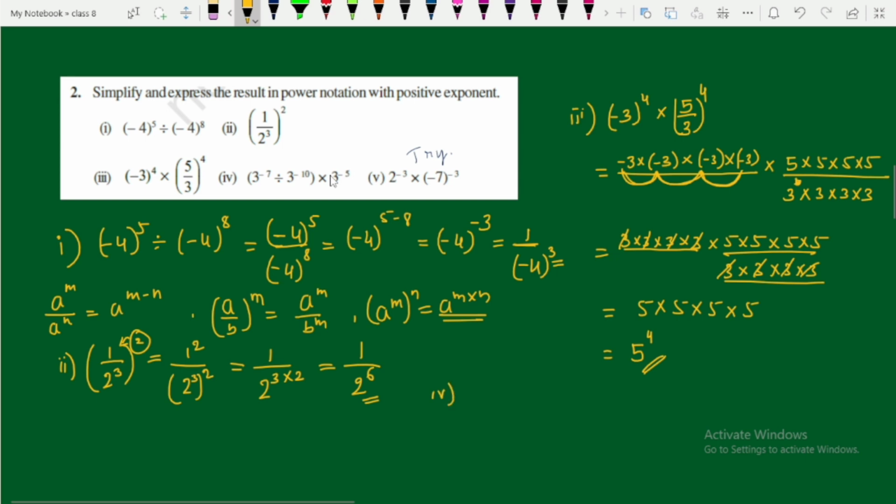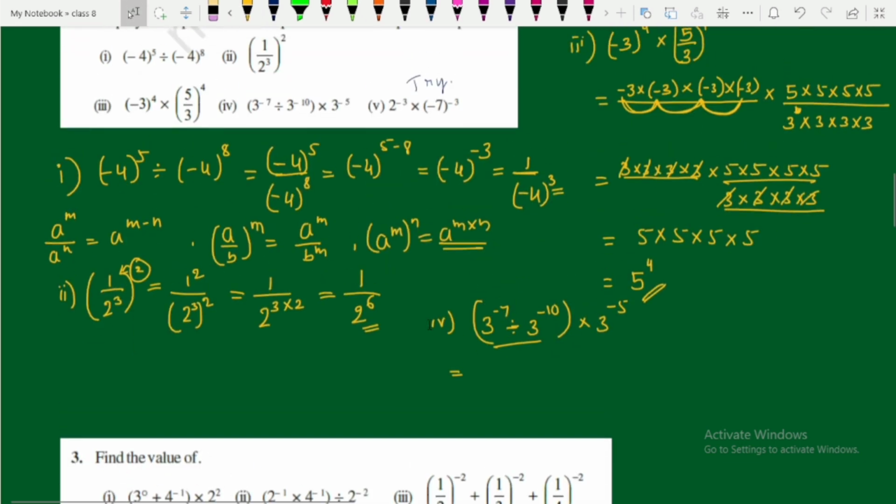We are going to do 3 raised to minus 7 divided by 3 raised to minus 10, whole raised to 4, bracket, into 3 raised to minus 5. First we will solve this bracket, then we will multiply with 3 raised to minus 5. How can we do this one?